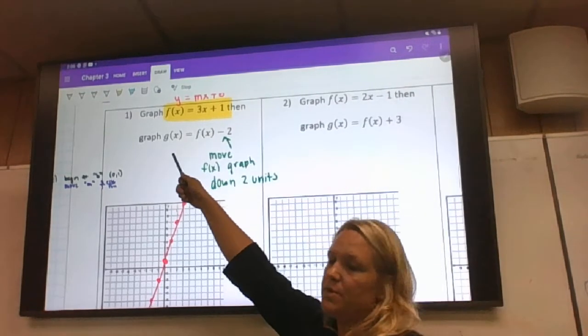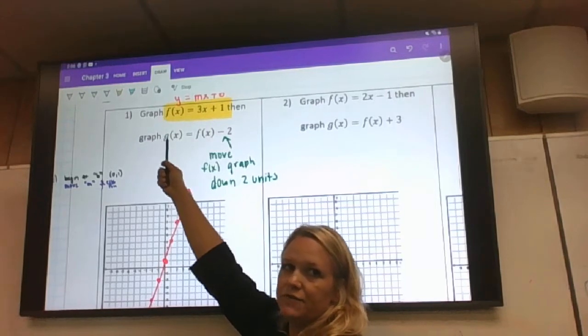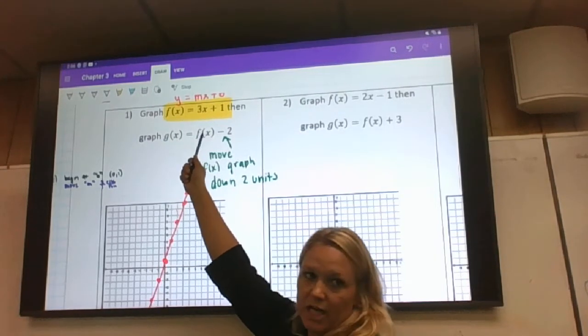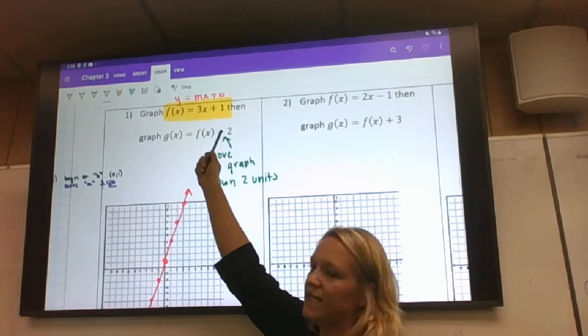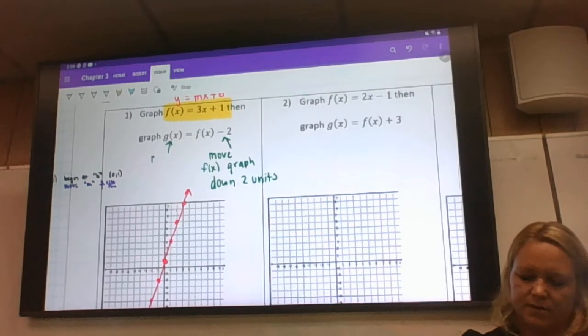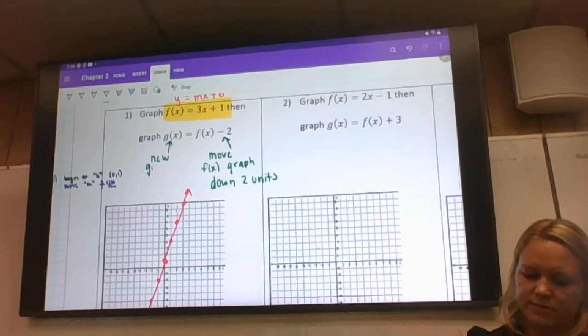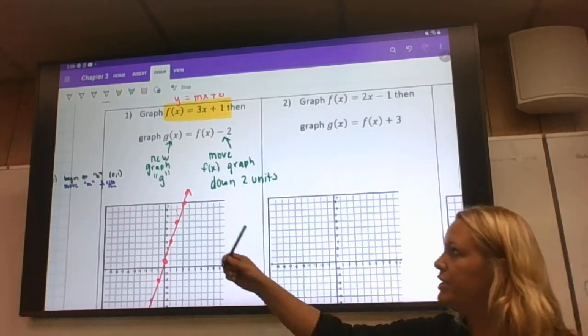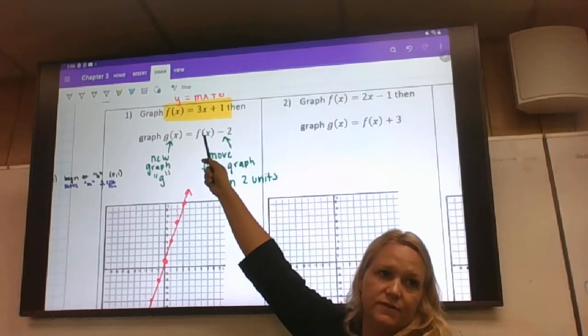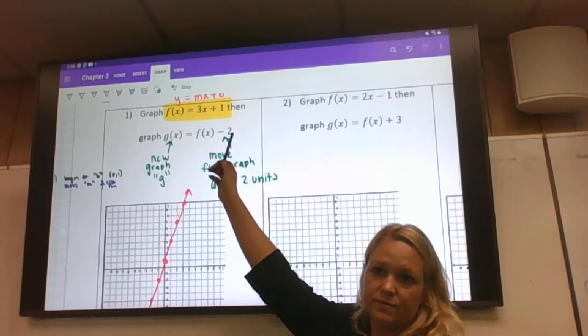So this symbol says make a new graph g. And to do it, you're going to take your f graph and move it down 2. My new graph g is the old graph down 2.